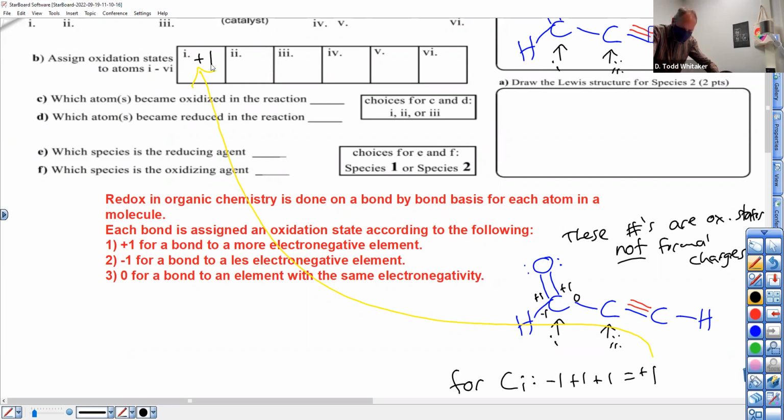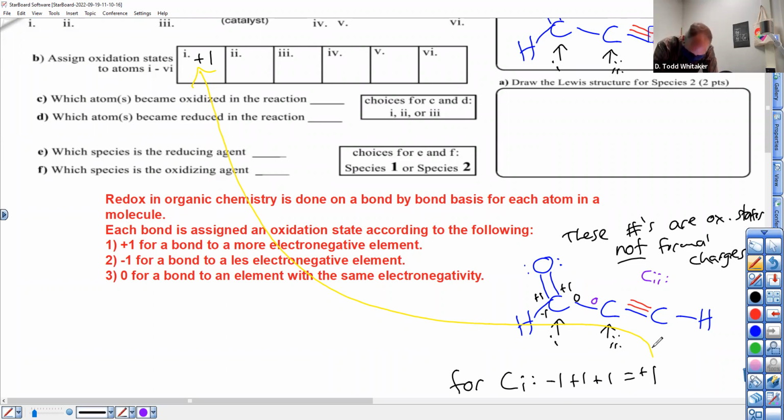Atom 2. We'll do in purple. C2. What do you get for a bond from a carbon to a carbon every time? 0. What about for a carbon to a carbon? That's the same question 4 times, isn't it?